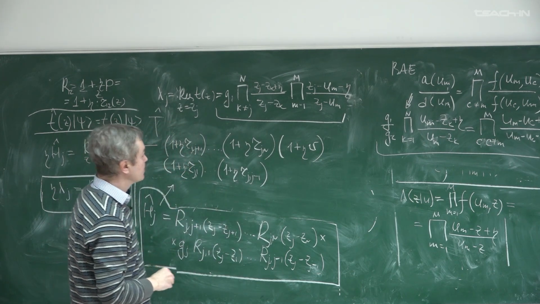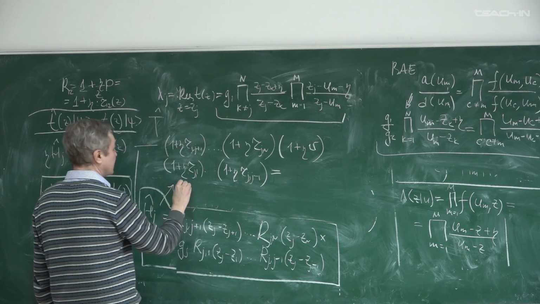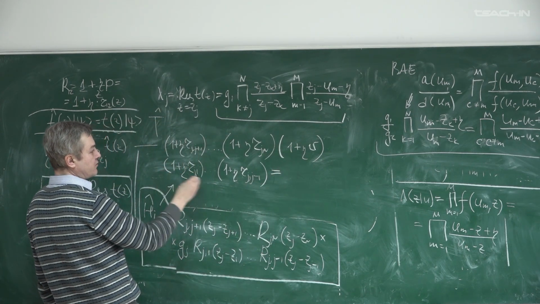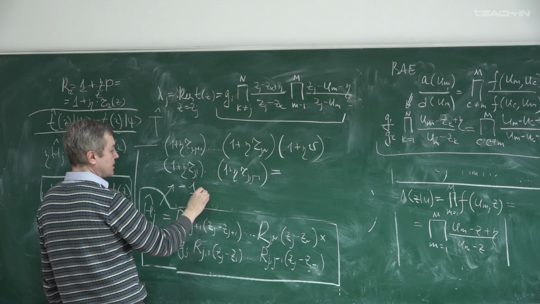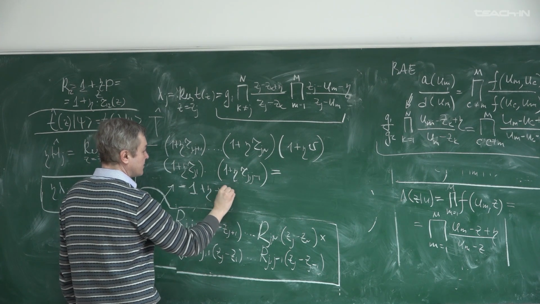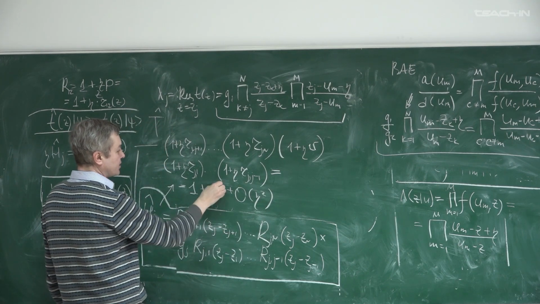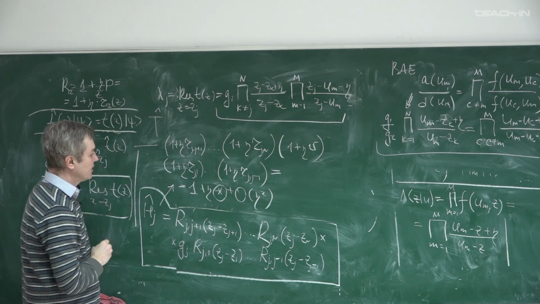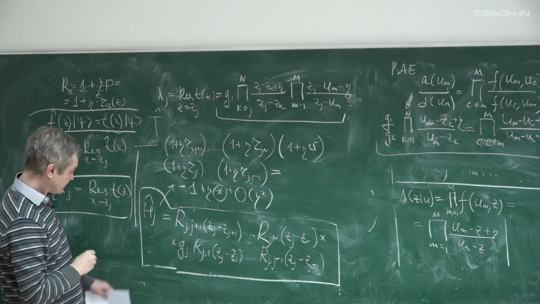In fact, we want to compute only the first non-trivial input. So obviously, this expression begins with 1. And now it will contain some eta times something plus etc. And we are looking for this something, the coefficient behind the first power of eta.